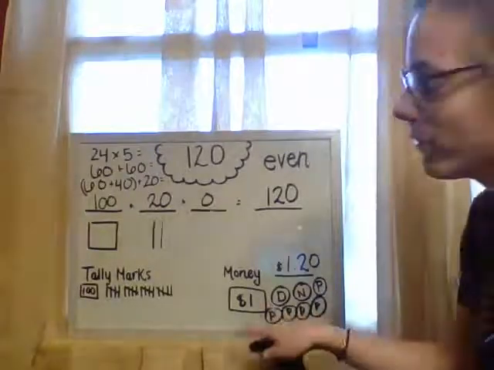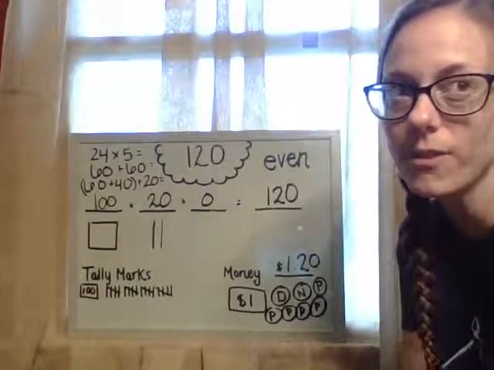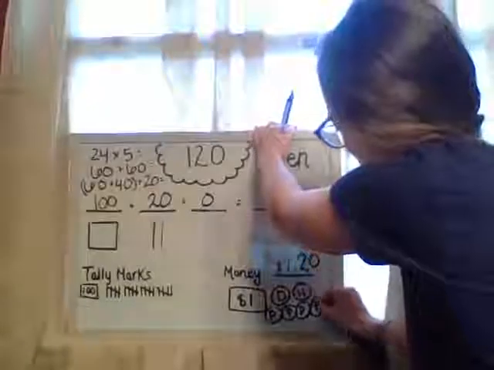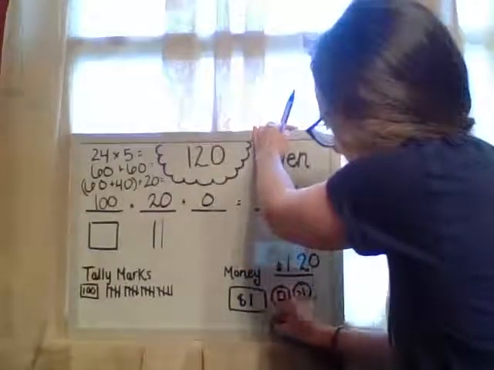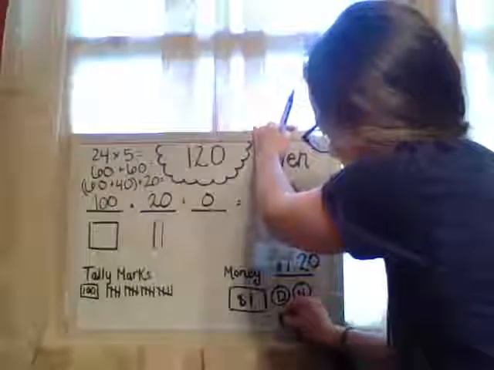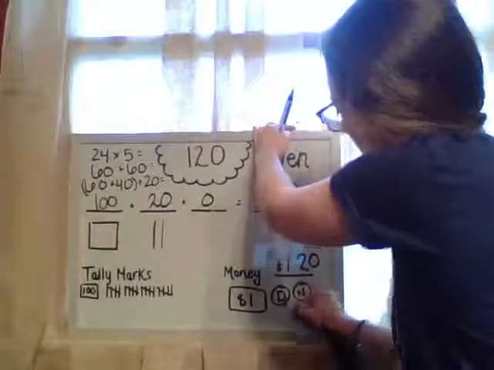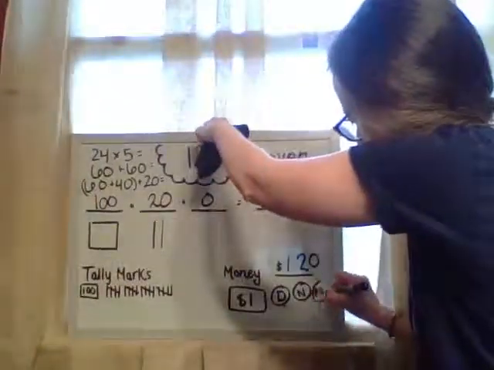1, 2, 3, 4, 5. So 5 pennies. I know that 5 pennies is 5 cents, which equals the same as a nickel. So I can take those 5 pennies. A little tough to erase. And I can exchange them for a nickel. And then once I have a dime and 2 nickels, oh no. Right?